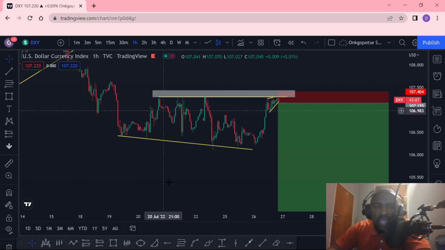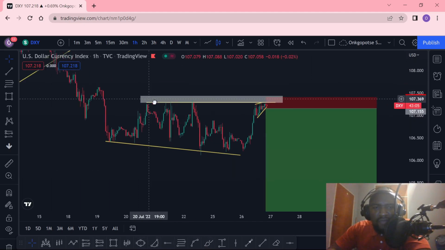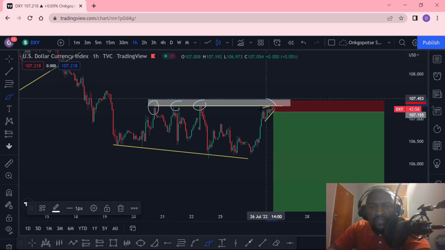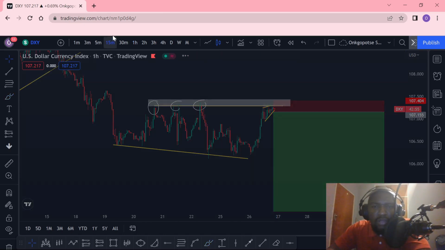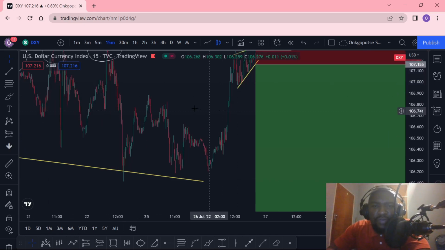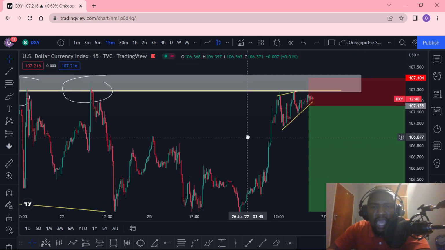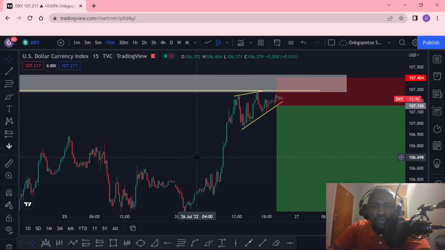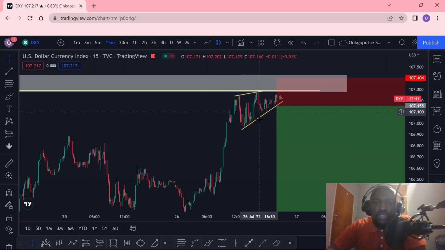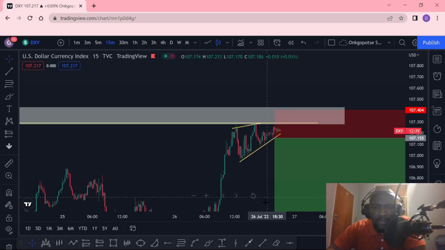We have the first touch, second touch, third touch, and the fourth touch. On the fourth touch the market on the 15 minutes time frame has given us this beautiful reversal pattern, showing that price is losing strength to push more to the upside, right?